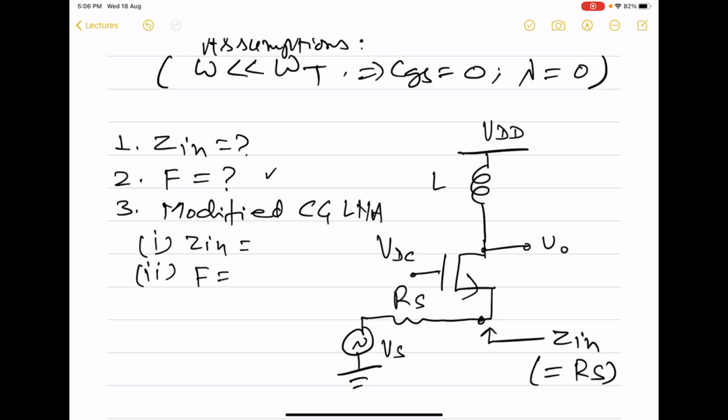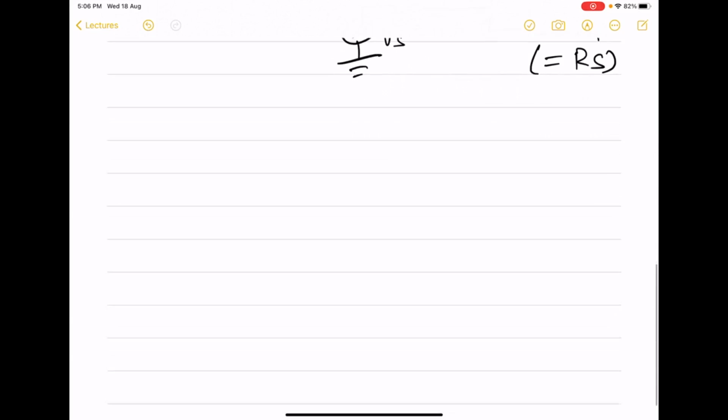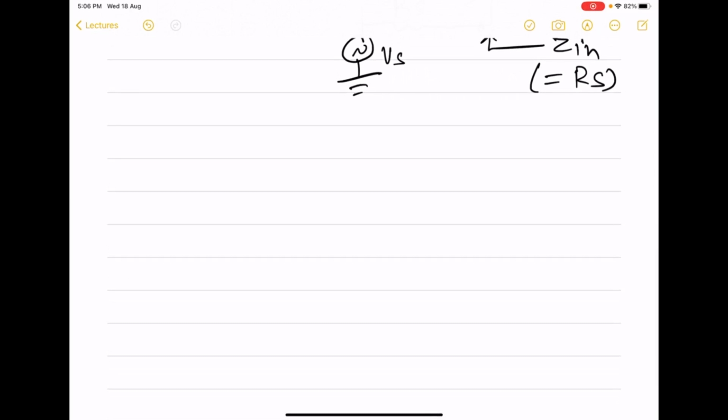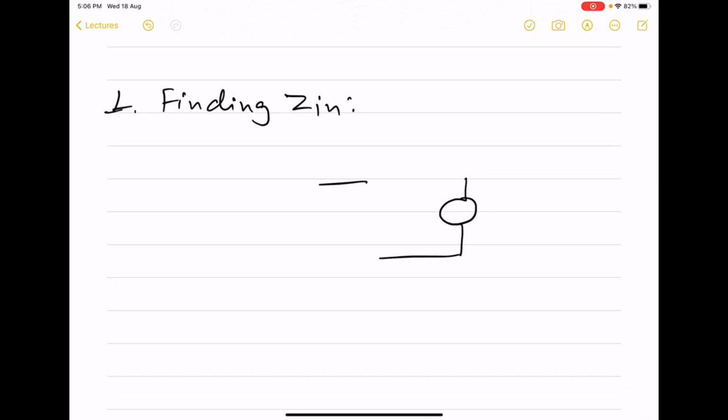So first let us try to find out the input impedance for this LNA. Since the gate is connected to a DC, this is effectively ground here.